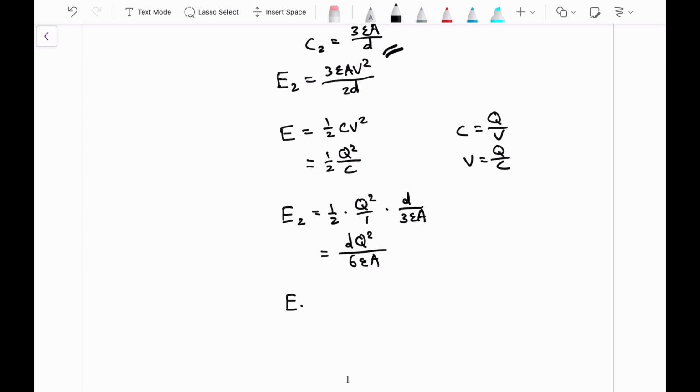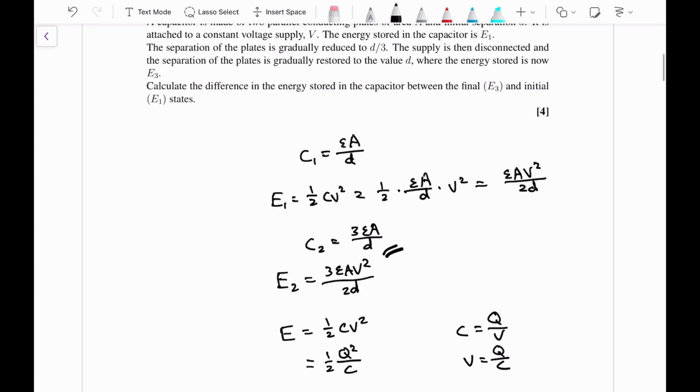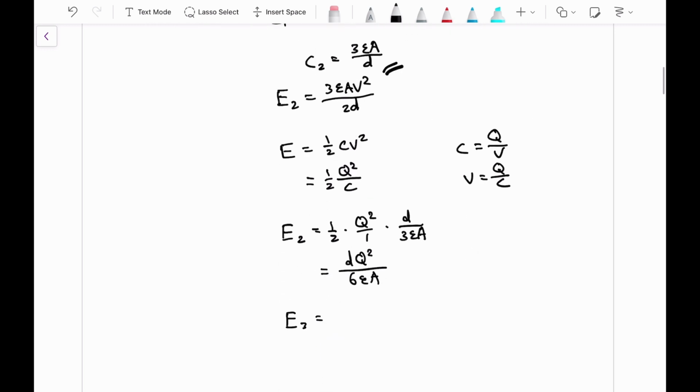The separation is restored to the initial D, so we can basically just multiply E2 by 3, and that will be DQ squared over 2 epsilon A.